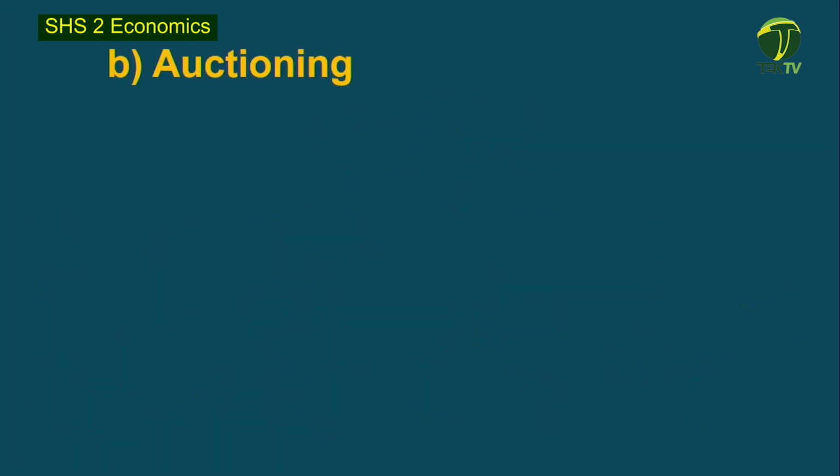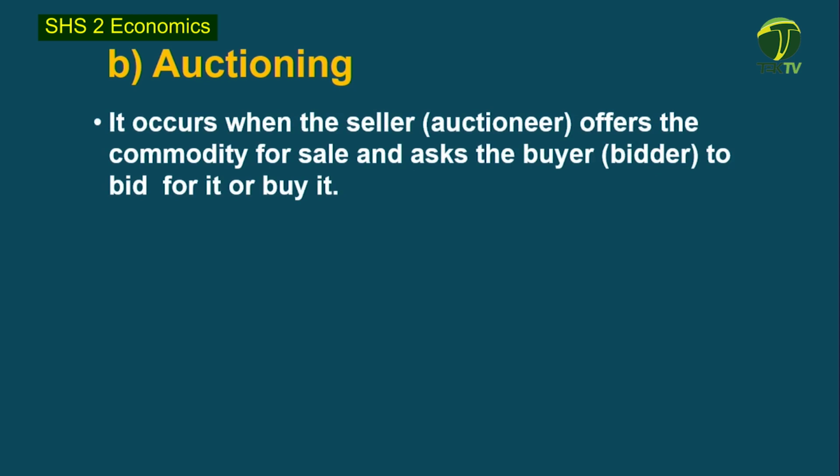The next thing is auctioning. And when we say auctioning, we are referring to any method of determining price when the seller, or you can call it the auctioneer, offers the commodity for sale and asks the buyer, who is also known as the bidder, to bid for it or to buy it. So in auctioning, there are two people involved here: the seller, also known as the auctioneer, and the buyer, who is the bidder.